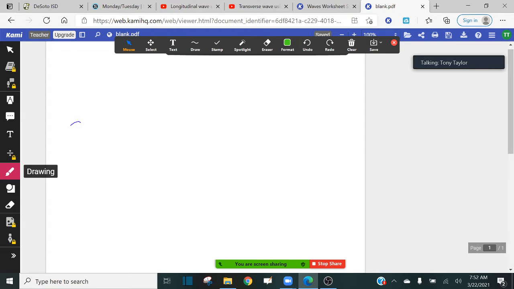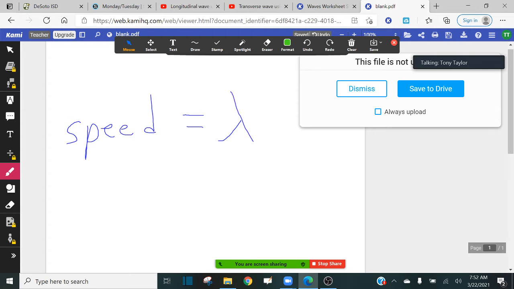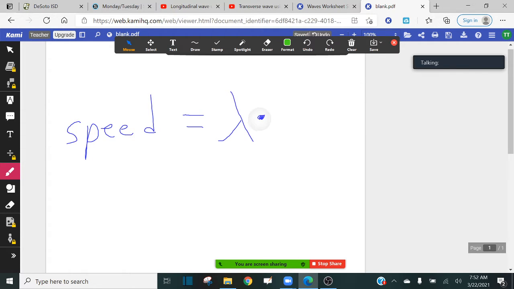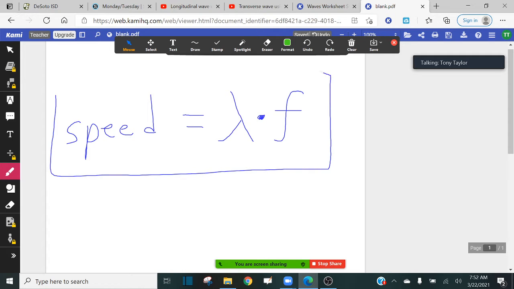The speed of a wave is equal to wavelength times frequency. This is the main equation you're going to be using for your homework.